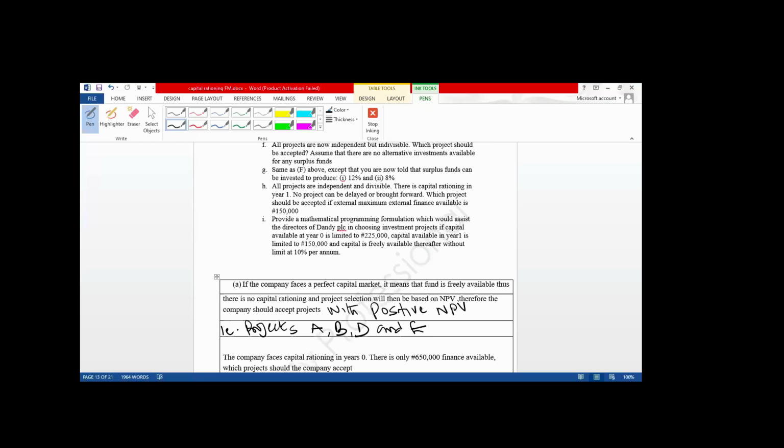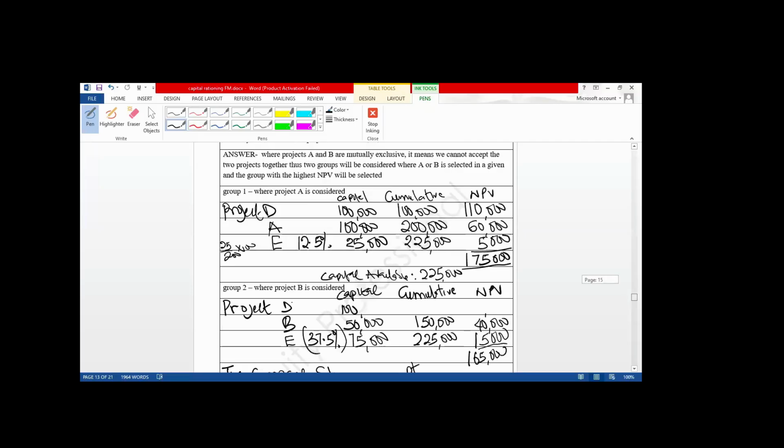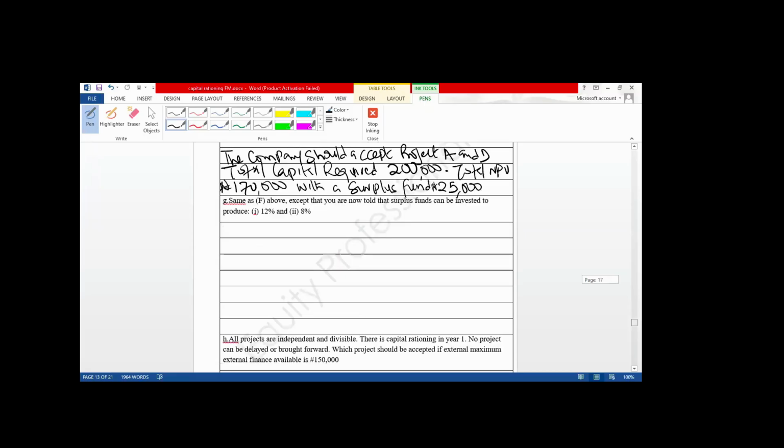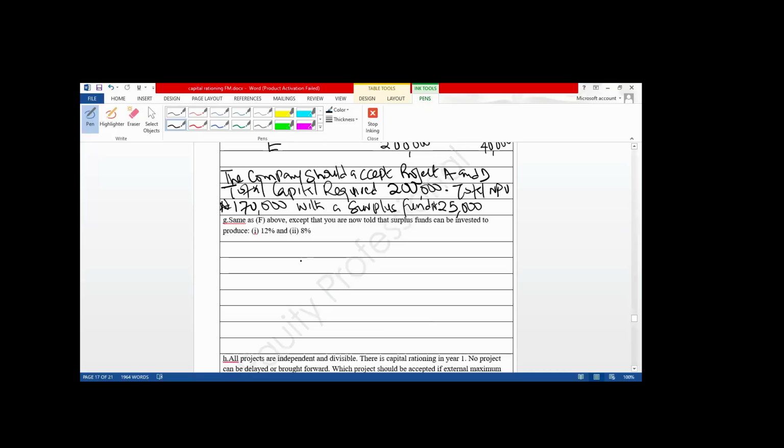So same as F. Just come back here. Case 1. Surplus fund can be invested at 12%.